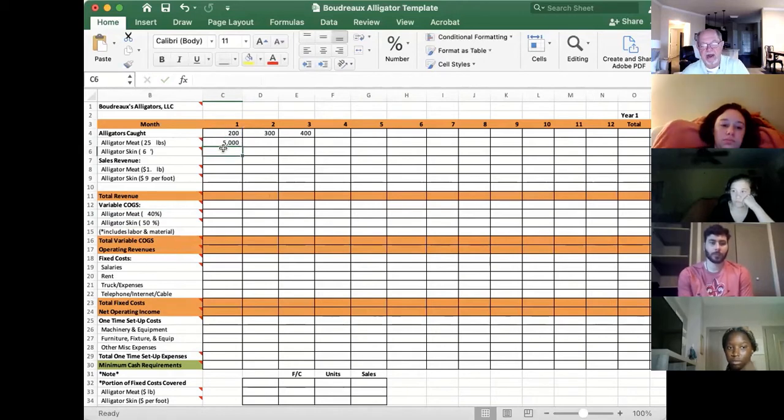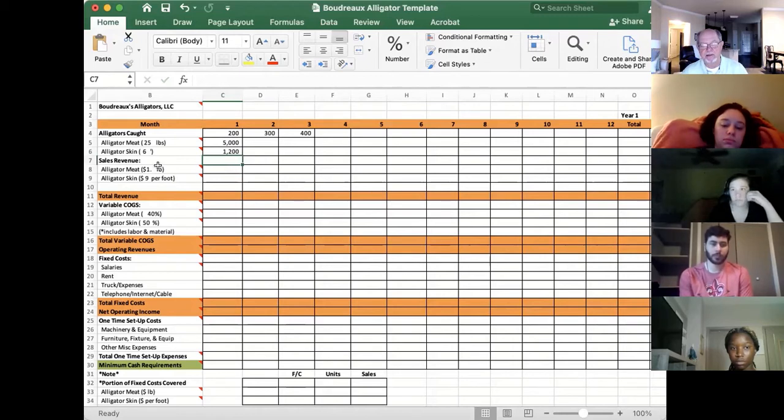So he's going to get 5,000 pounds of meat. Alligator skins, he's going to get the 200 times 6 feet. So we know he's going to get 5,000 pounds of meat and 1,200 feet of skins.